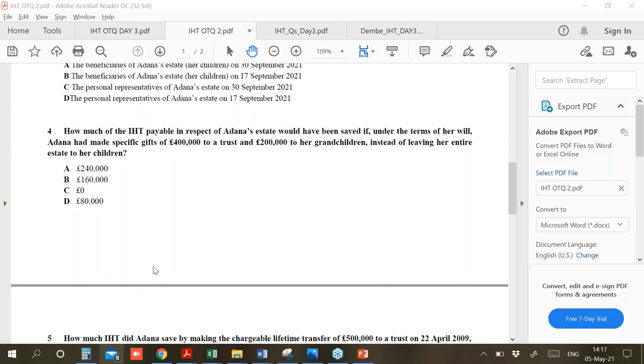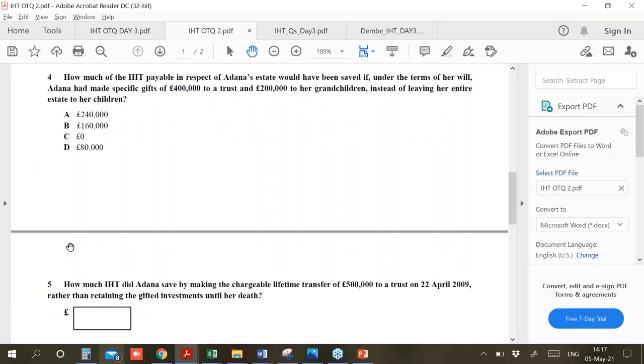Now, lastly, again, the blank box question, which is normally difficult because we do not have any options in this. How much IHT did Adana save if the chargeable lifetime transfer of 500,000 on 22nd April would have remained in her death estate?